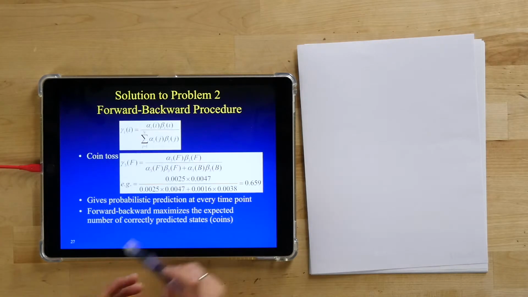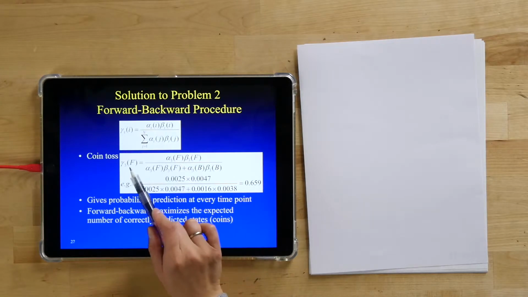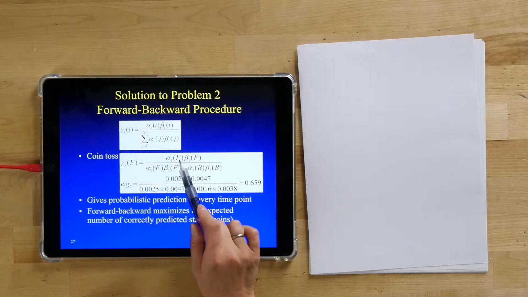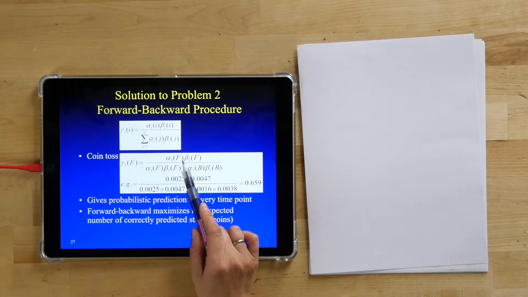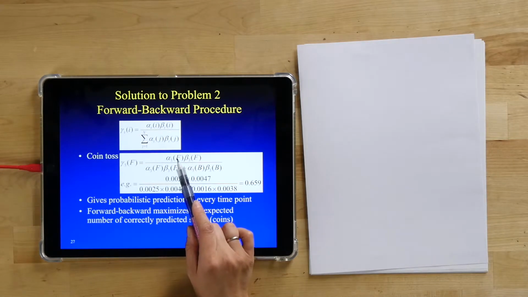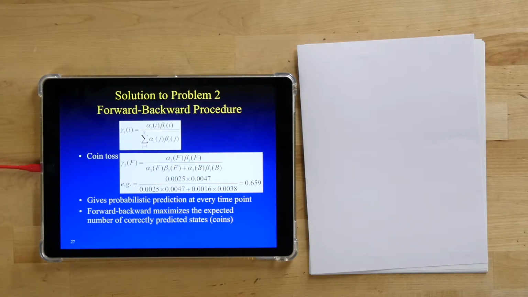So this number is basically, we know that we are trying to estimate the third coin being a fair coin, and we say, okay, we have to look at everything before and everything after. And then we multiply them together in order to see, based on the whole string of coin flips, I'm trying to guess at this location, what's the probability I'm going to use a fair coin.